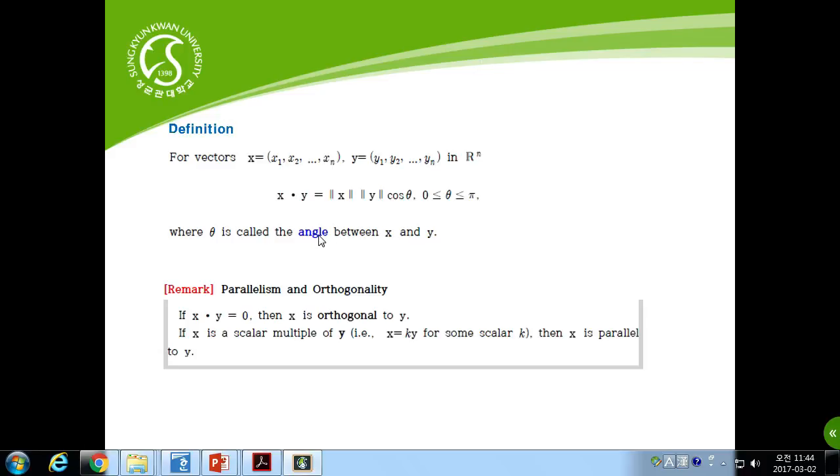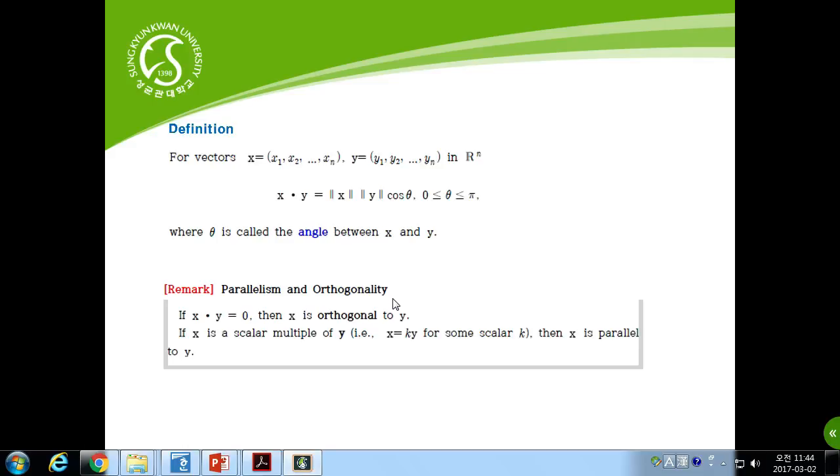This concept is not only for vectors in R2, R3 and Rn, but also works for any vectors such as matrices and continuous functions and differentiable functions, etc. So yeah, the angle is defined in this way, and this general concept will be used over and over again. The Gram-Schmidt process and the matrix diagonalization process are all related with these angles.